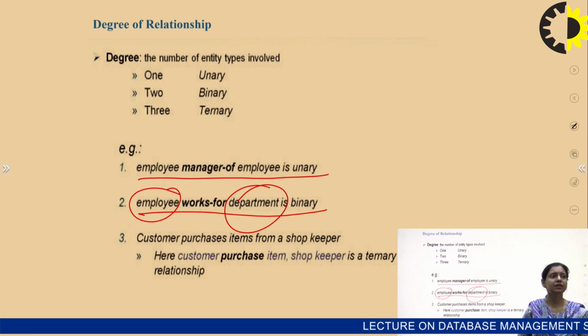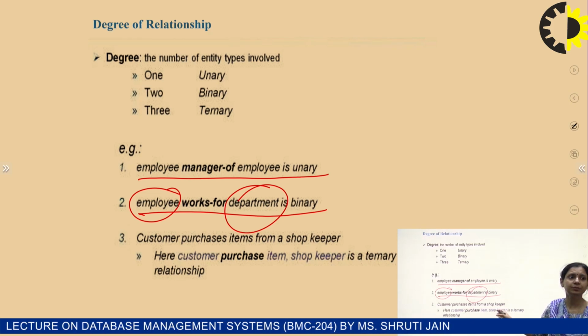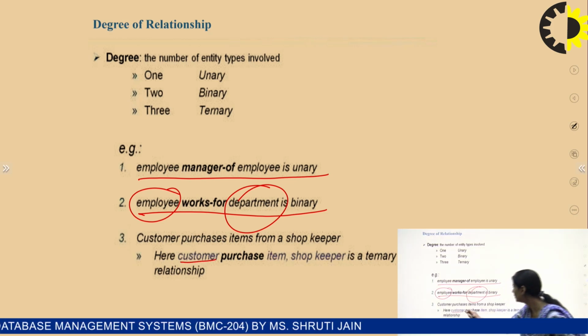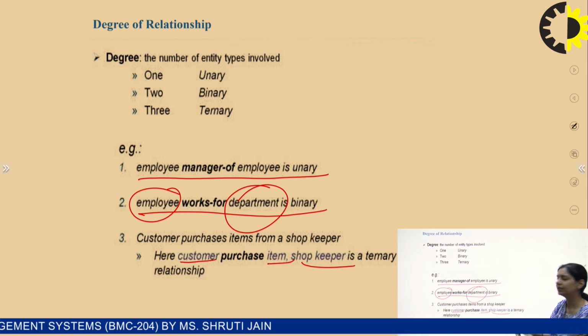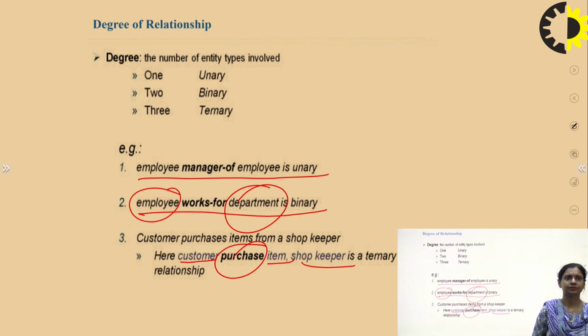The next type of relation that we have is the ternary relation. A ternary relation says a customer purchases an item from a shopkeeper. So customer, item and shopkeeper are three different entities which are related with the purchase relationship.